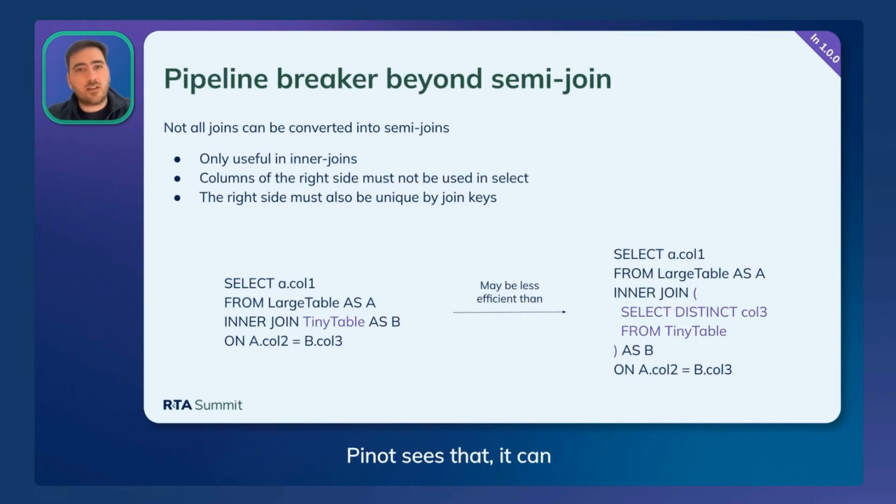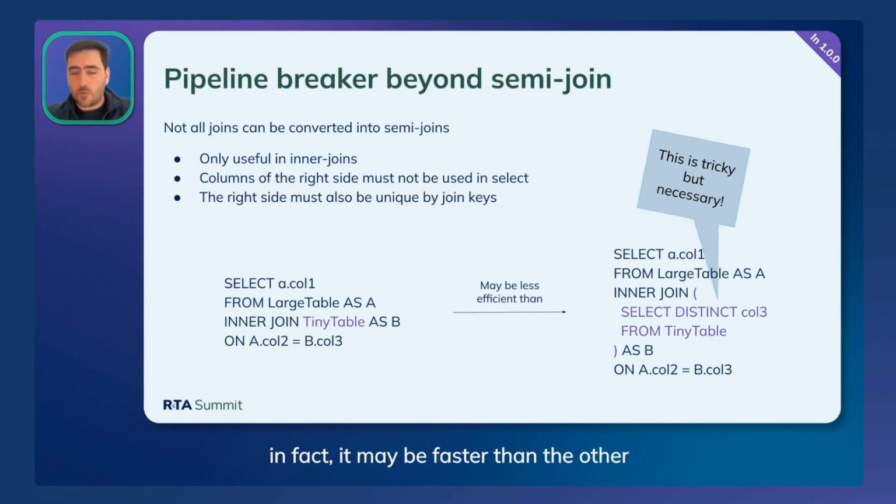When Pinot sees that, it can then transform this into an in expression, and therefore it can apply the pipeline breaker. So sometimes, even if this seems more complex to understand, and it looks like Pinot has to do more things, in fact, it may be faster than the other query.